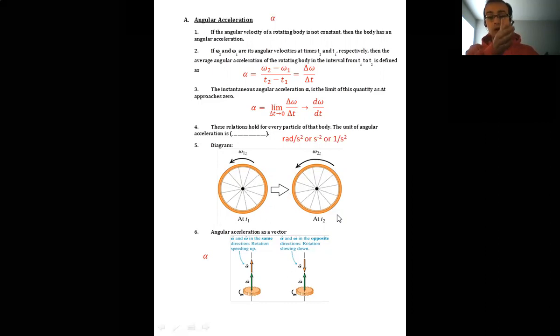So if we curl our fingers in the direction of the acceleration, which is going to be in the same direction as the velocity, because the velocity is increasing, then we notice that this is going to be pointing up. In this case, that will be pointing out of the page and straight at us. It's really hard to see this on camera, but you can imagine if my hand is in the plane of the paper and I curl my fingers in the direction that the wheel is moving, my thumb is pointing straight at me.